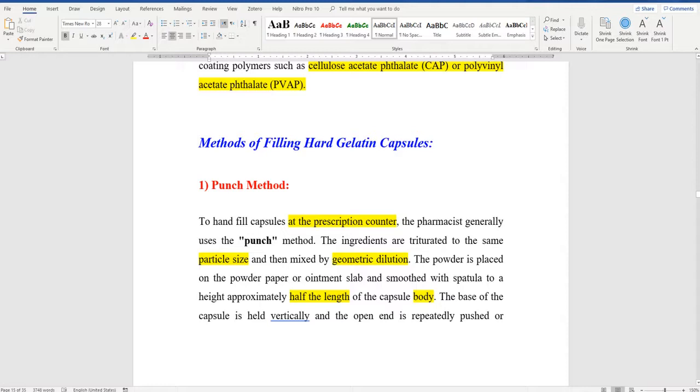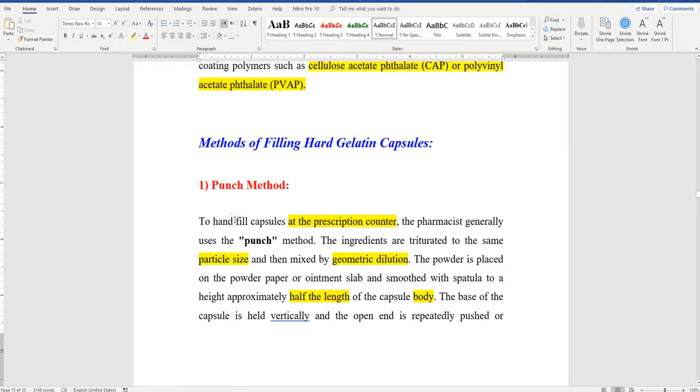Now, for the method, either you use a machine or you don't. You don't use a machine when you just want to fill a few capsule units. So in this case, without using the machine, you have the punch method.